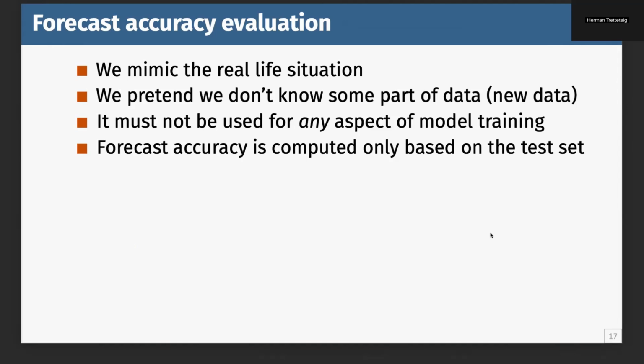By the way, I recommend you to do it. I recommend you to always monitor your forecast and see how well or badly you're doing, and also identify the reasons behind it. But here we are trying to do different things. So by doing this, I want to tell you, we try to mimic the real life situation. That is the idea behind time series cross-validation that I will introduce now.